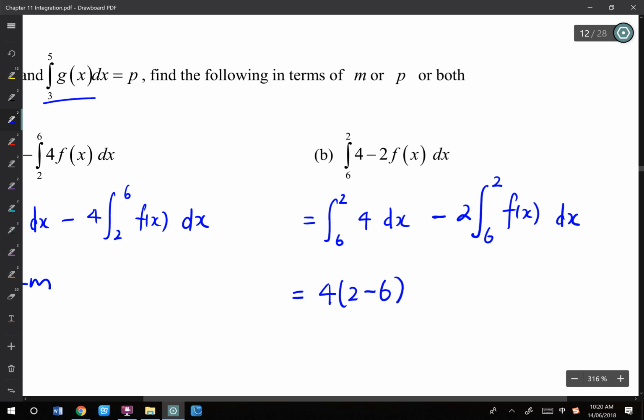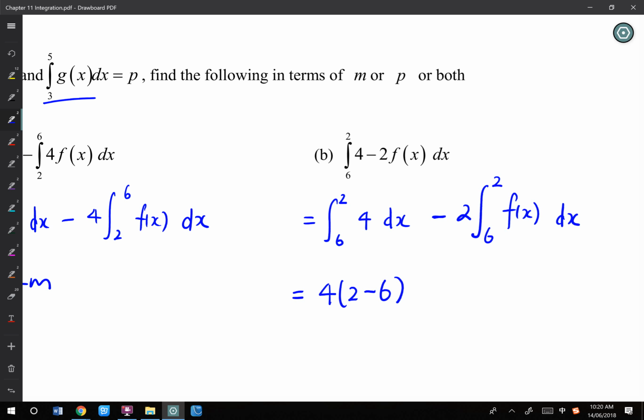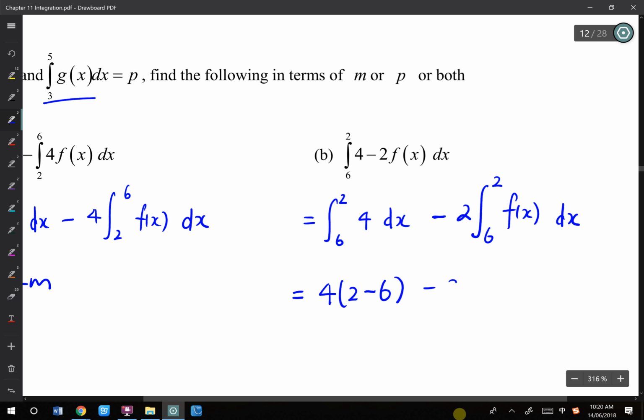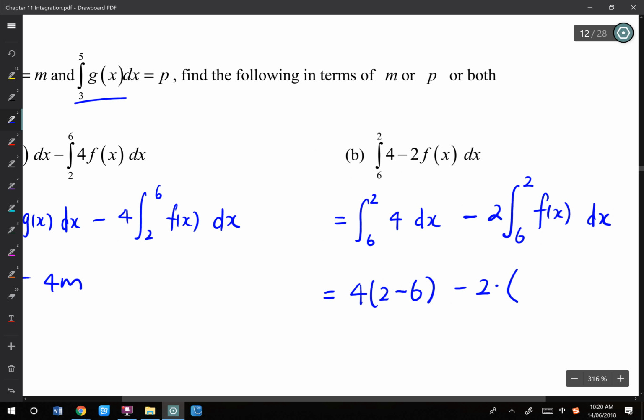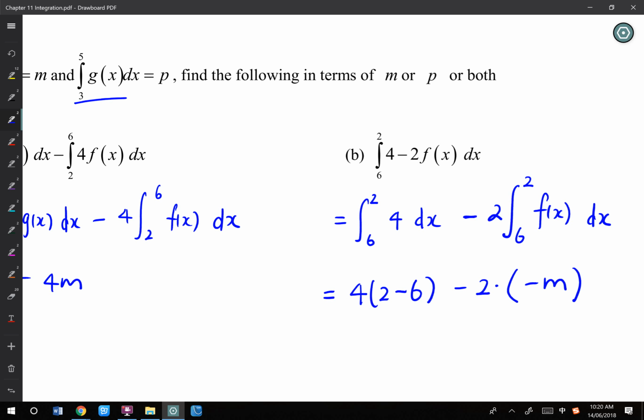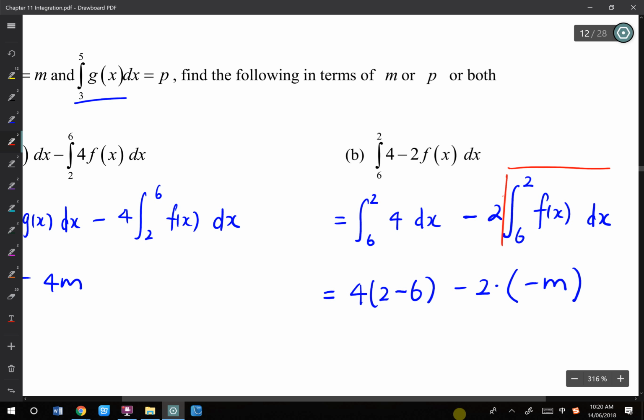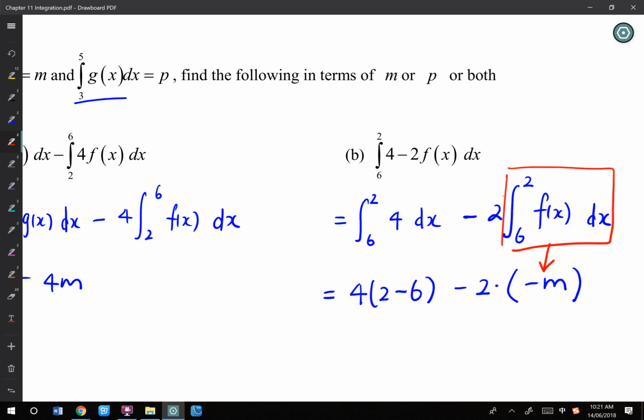Okay, that's the rule we have: the integral of c dx is cx, so c times 2 minus c times 6. So it's 4 times (2 minus 6). And you can see here it's minus 2 times m. 2 to 6 is a positive m, now 6 to 2 will be minus of the result, so this is minus m.